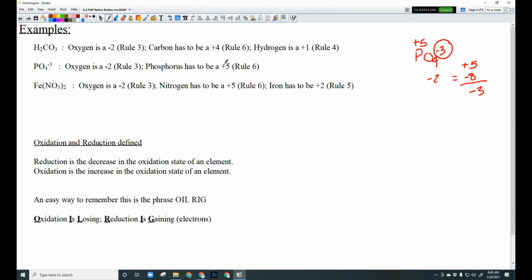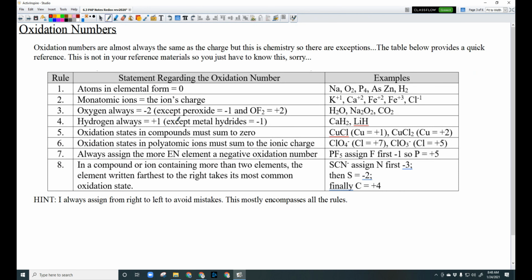So here, normally, if you look on the periodic table, phosphorus is not a +5 charge. Phosphorus is usually, I think, a -2 or a -3. I forgot what group it's in, but it's certainly not a positive. So if we just go from right to left, then it meets the rules of oxidation states.